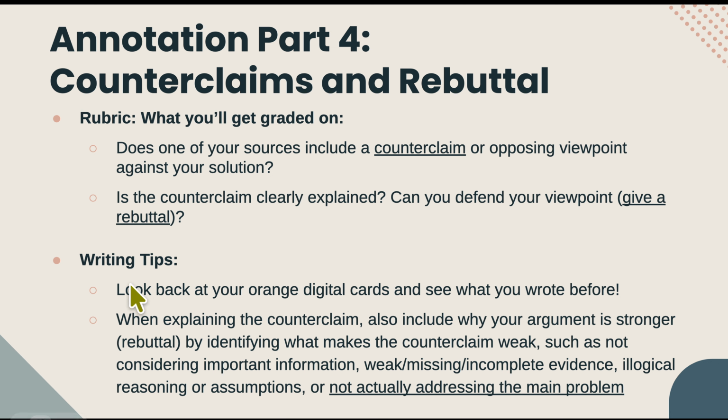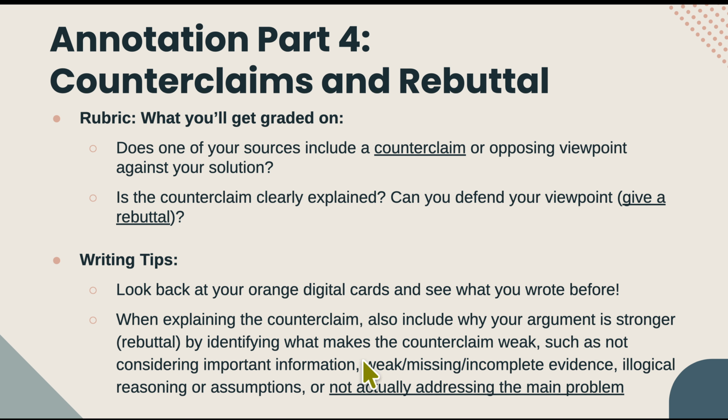Some tips for that are to look back at your orange cards from the counterclaim source, see what you said about it there. And when you go to actually explain the counterclaim in this annotation note, you could also include why your solution, your argument, is stronger than whatever this counterclaim says.